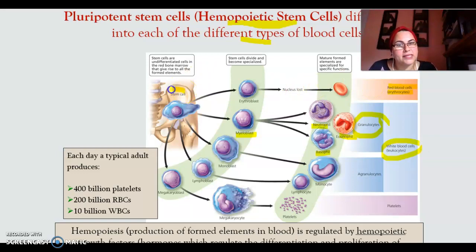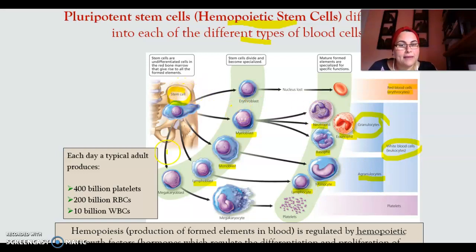Back again to our stem cells. It will divide, become more specialized, and form monoblast, which will become a mature monocyte, another form of white blood cells called an agranulocyte. From stem cells, we'll have lymphoblast, which will form lymphocyte. This is a mature form, another type of white blood cell.